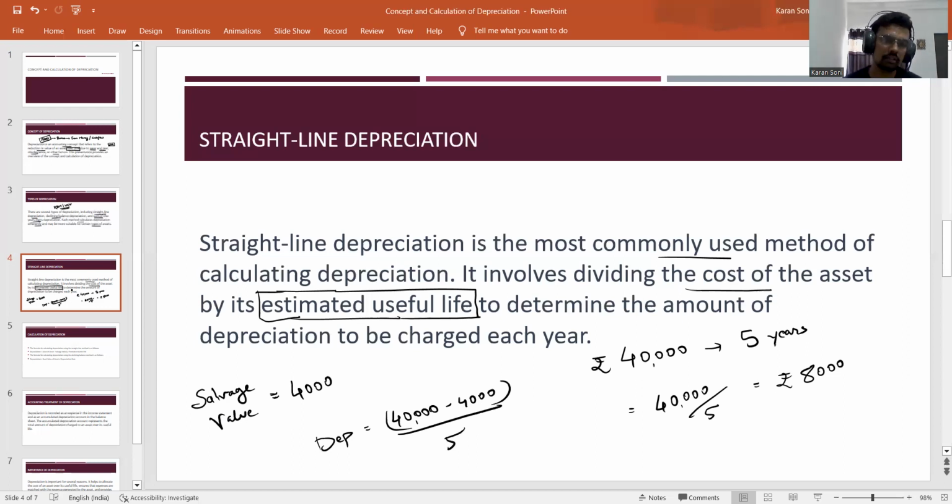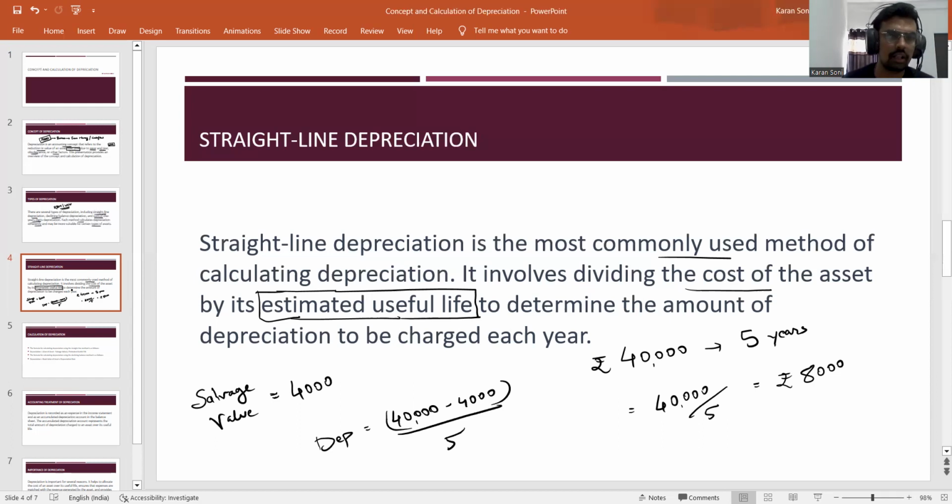You understand it? Very simple. So that is the concept of straight line depreciation. I hope everything is super fine with all of you. Don't worry, we'll have a doubt session also. If you have any doubt, you can ask me there. I'll give you a more detailed explanation if required. No need to worry at all. Just relax and try to grasp more and more.